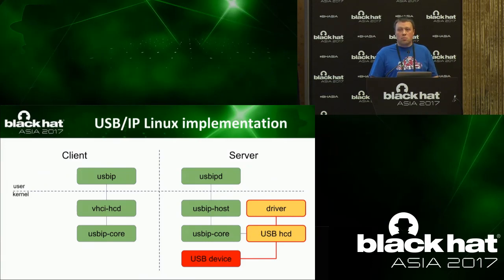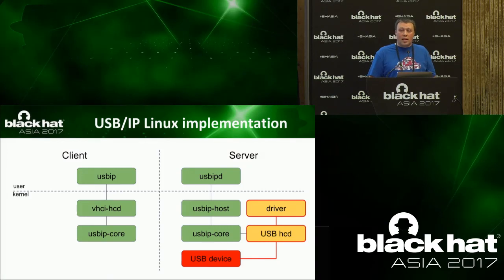So that's what happens when you plug in a device. Now at some point you want to expose this device to the network. So what you do is you instruct the USBIP daemon to send a command to the server's USB subsystem.